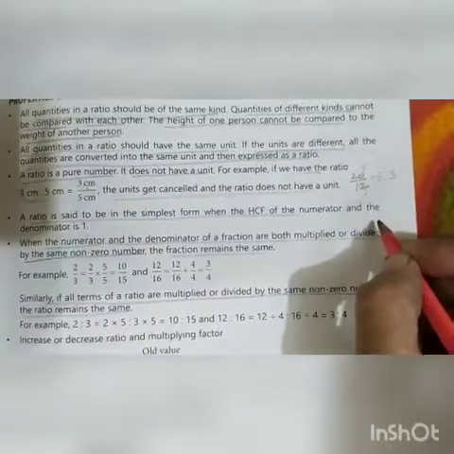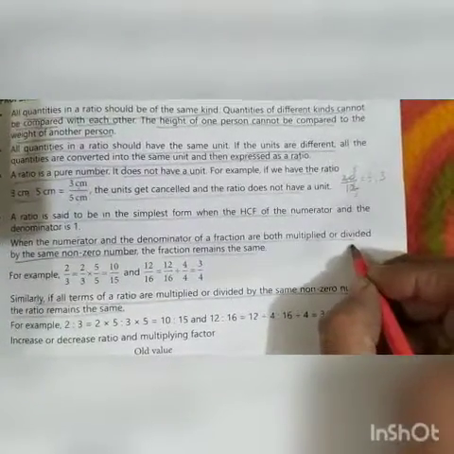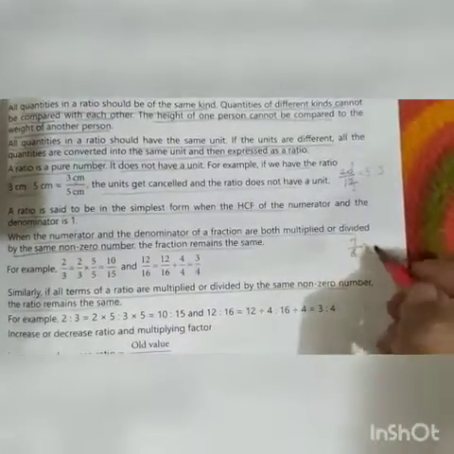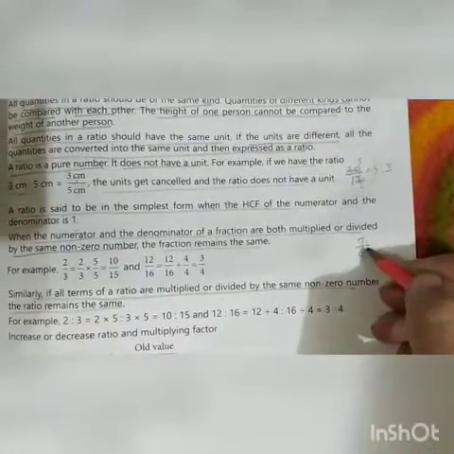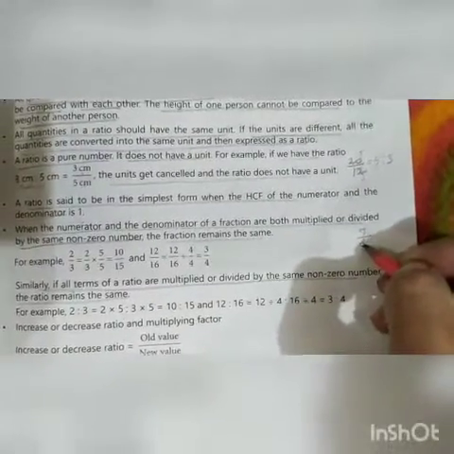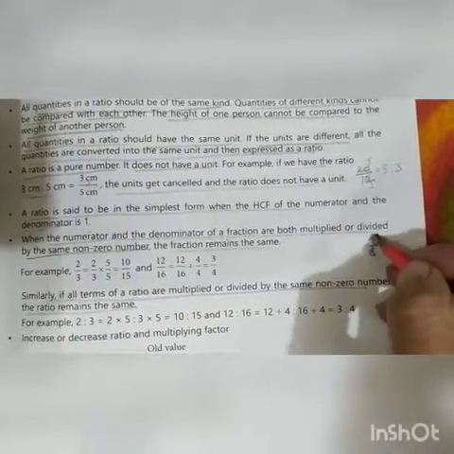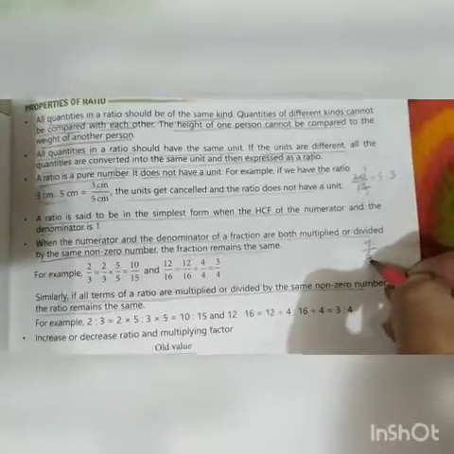But suppose we already have 7 upon 8. We cannot simplify 7 upon 8. It means its HCF is 1. So if the HCF of numerator and denominator is 1, we cannot simplify it. It is already in the simplest form.